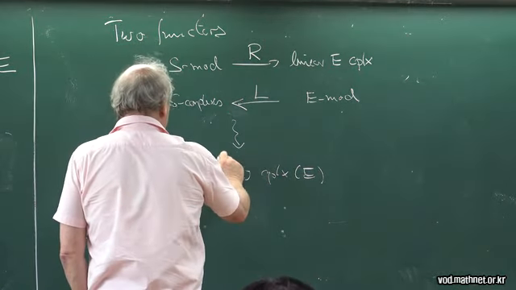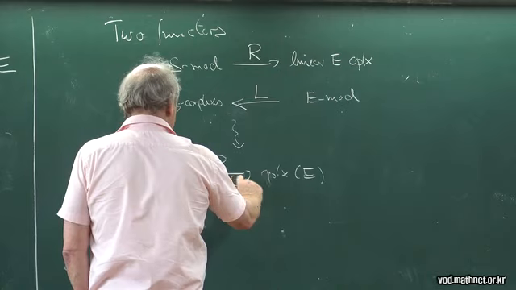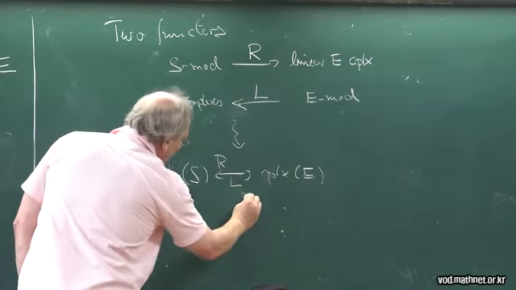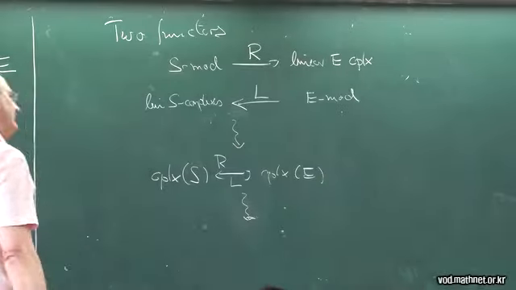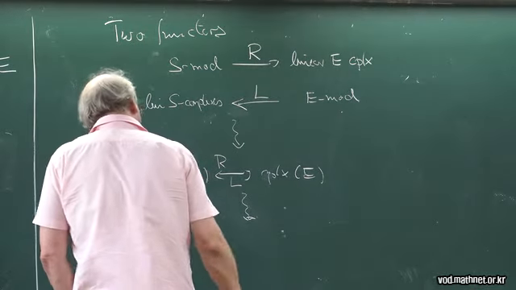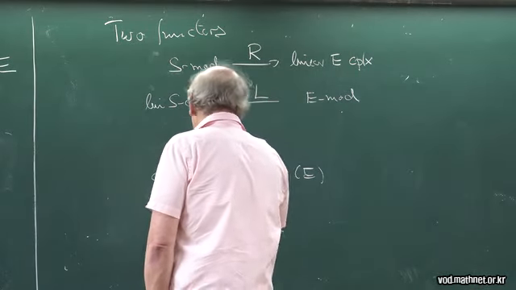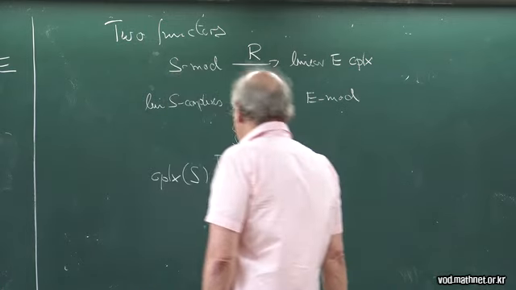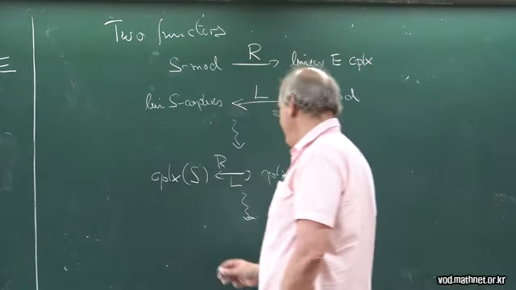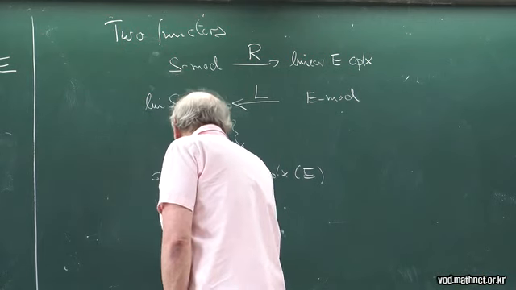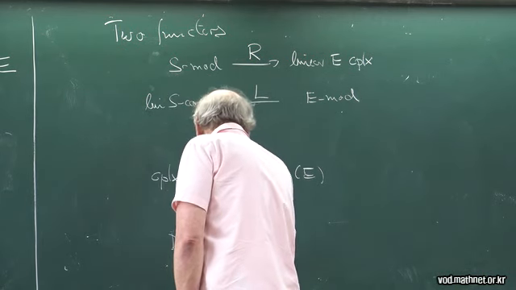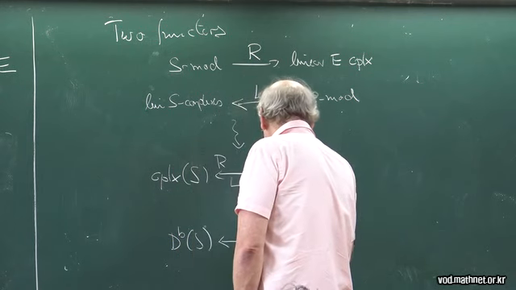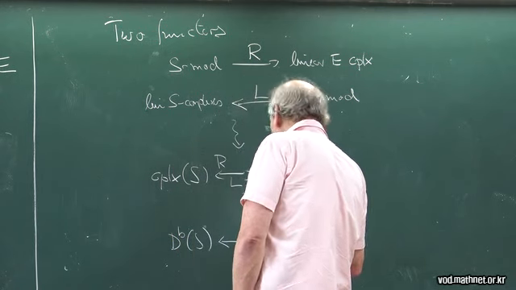So now we have R and L extended, and then we get to the derived category of S and the derived category of E, and this is going to be an equivalence of categories.